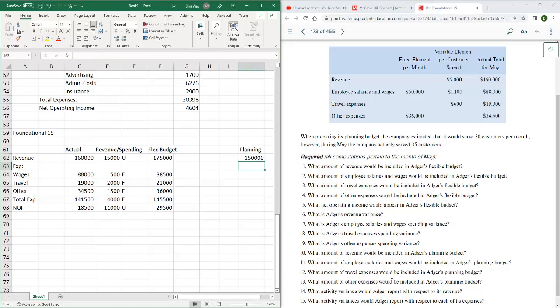Next up, 11 through 13 here, we wanted the expense items in the planning budget. So we're going to do those right here. Wages, again, had a fixed piece of 50,000. So to that, we'll add the 1,100 per customer variable piece times the 30 estimated customers that we had expected to serve.